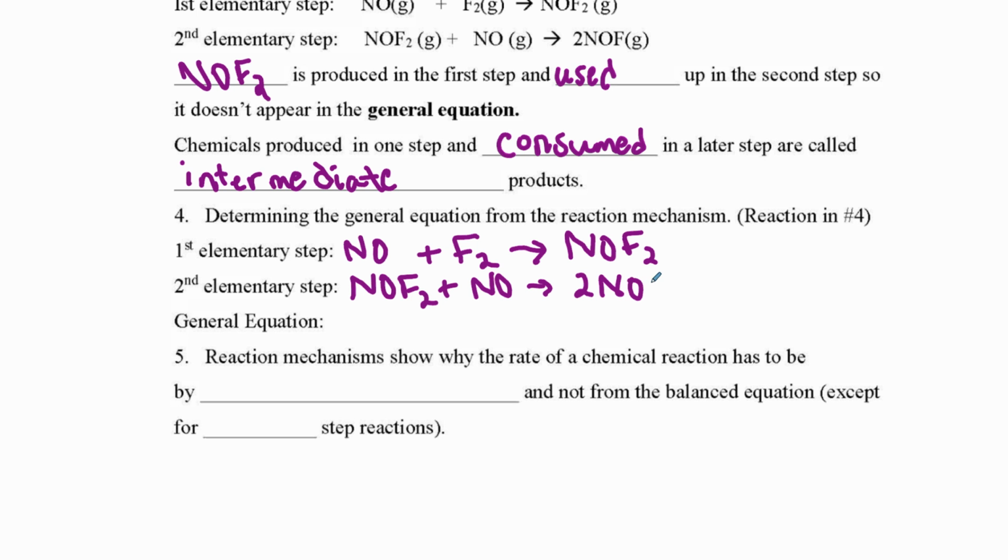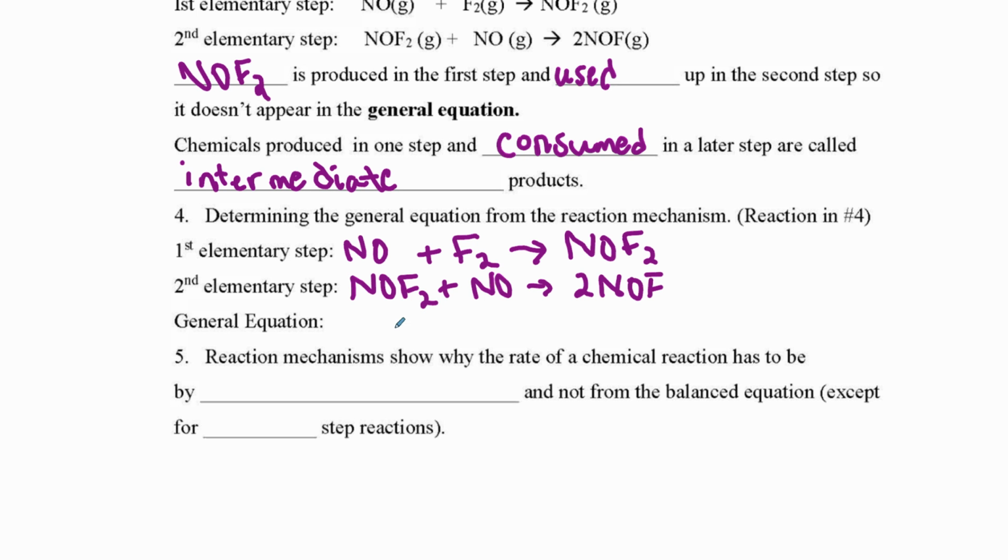Now you'll notice that each step is balanced, and that's important, right? So we have 1 N on both sides, 1 O on both sides, and 2 Fs in the first step. And in the second step, you'll see 2 N's on both sides, 2 O's, and 2 F's. So each elementary step is balanced.